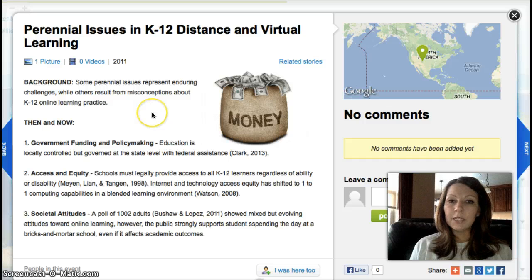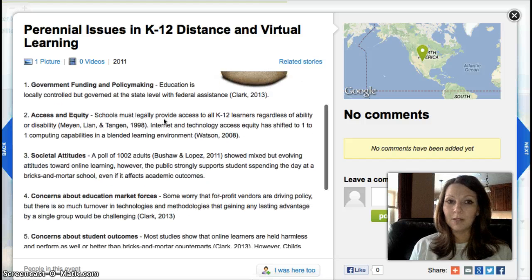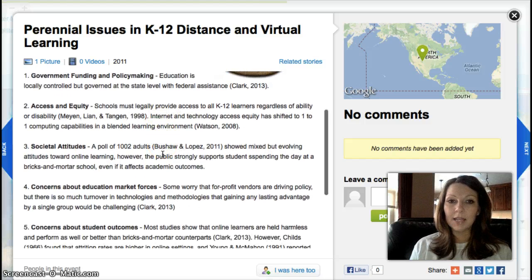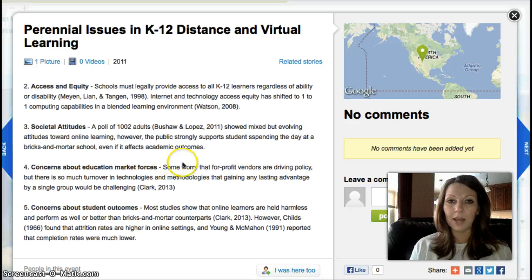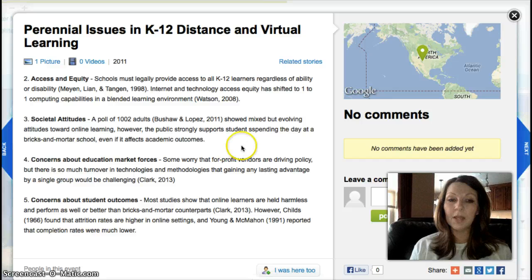There are some perennial issues in K through 12 distance and virtual learning: government funding and policy making, access and equity. Schools must legally provide access regardless of ability or disability. Societal attitudes. This is really interesting. A poll of 1,000 adults showed mixed but evolving attitudes toward online learning.